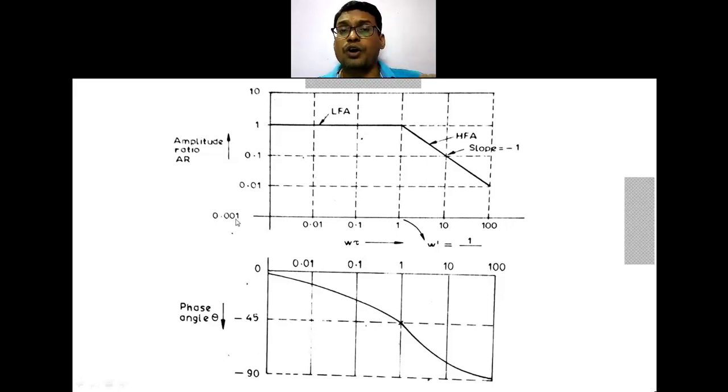So how you are plotting this is very important. First we have to understand the log graph paper, and then we directly put the values of amplitude ratio on this log graph paper.